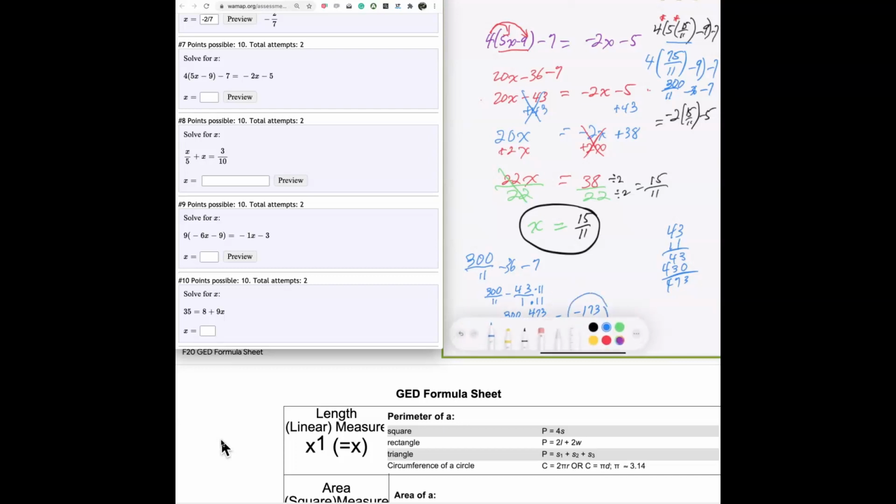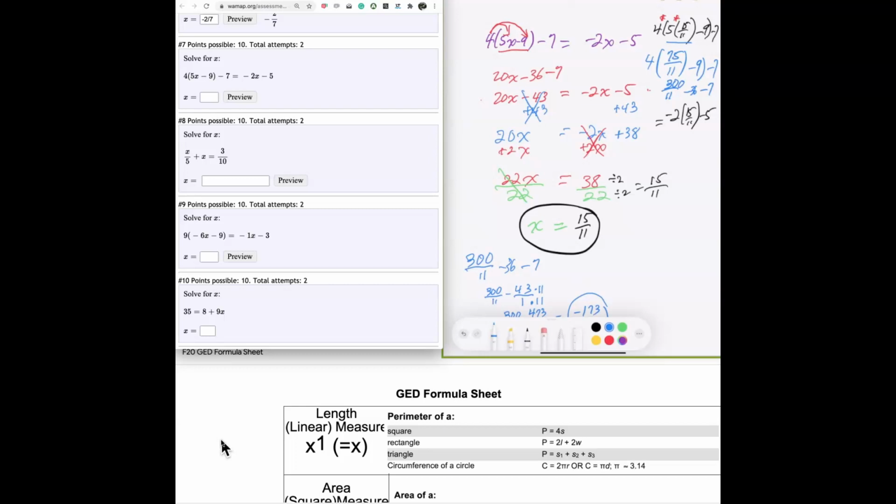And let's see, we'll erase this a little bit so we have more room. And let's calculate out the other side. So negative 2x minus 5. Okay, it's right here. Negative 2 times 15/11 minus 5.